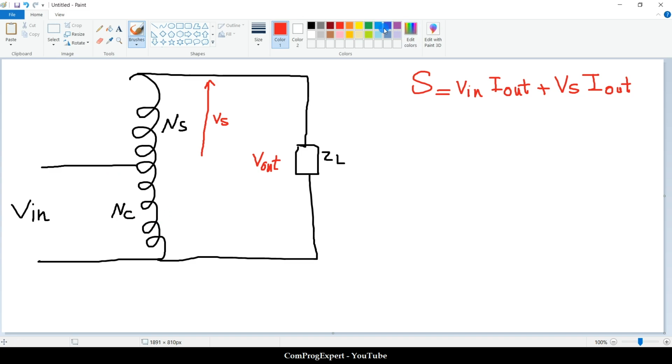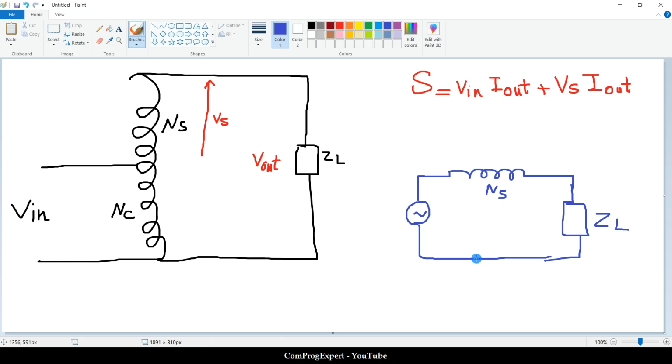What is the case here? In the equivalent circuit, we have a load ZL and we have NS here. We have one source here. If you consider ZL and need to calculate the current of ZL, we have one common number of turns here, so this is the number of common turns.